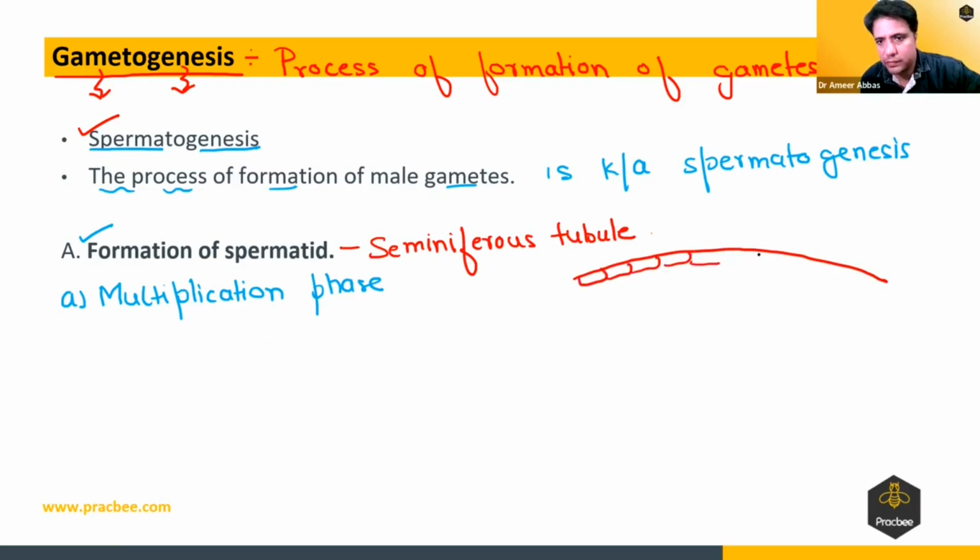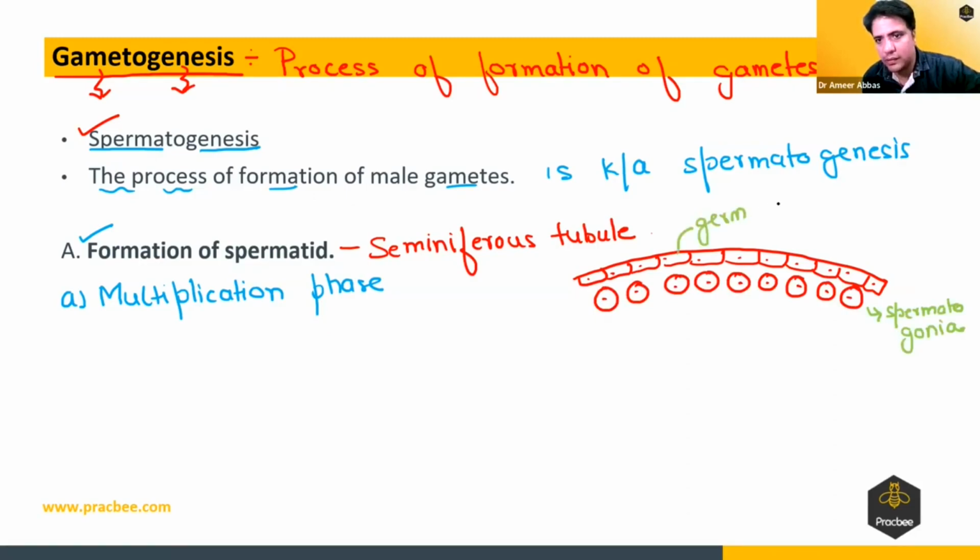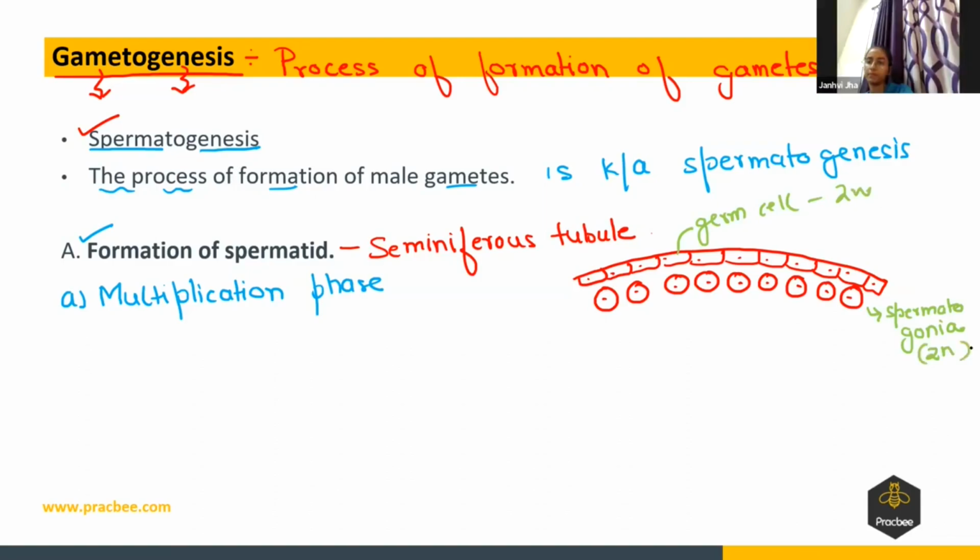These are germ cells. These germ cells will produce a large number of spermatogonia. Ploidy of germ cell is 2n. Ploidy of spermatogonia is also 2n.